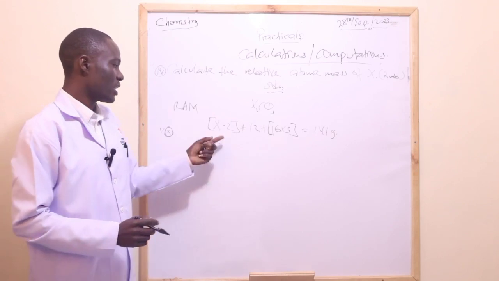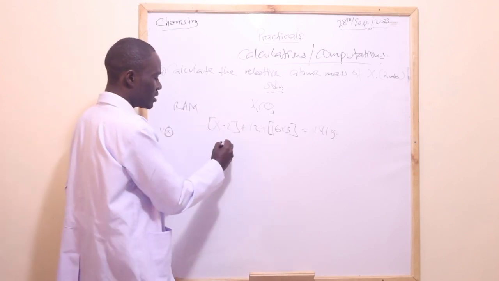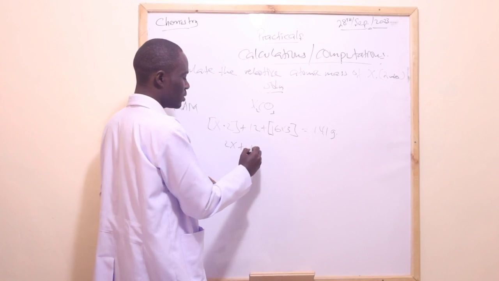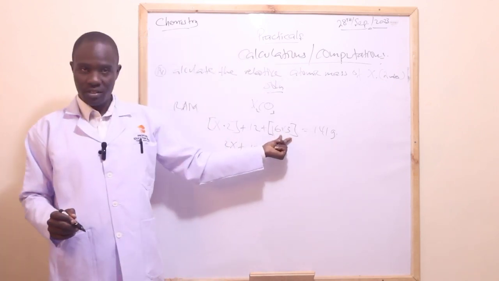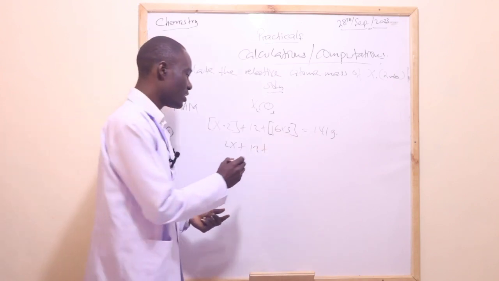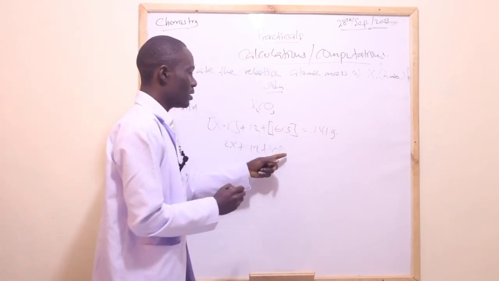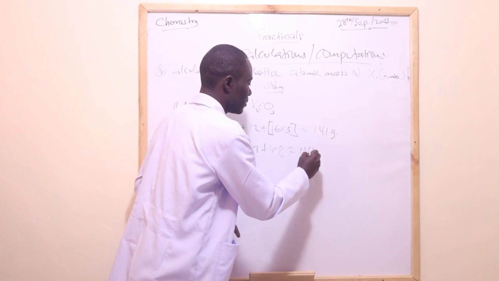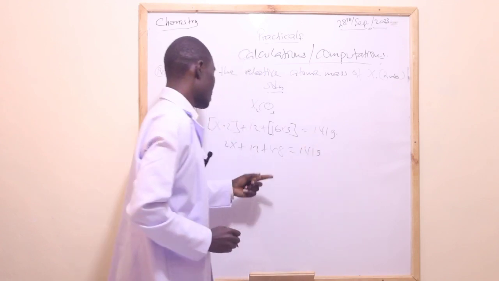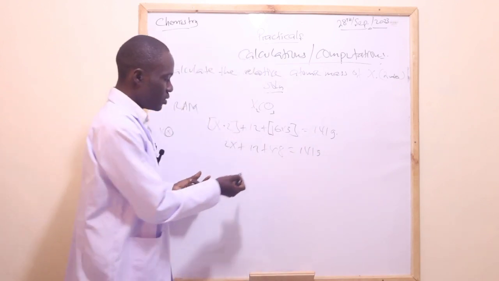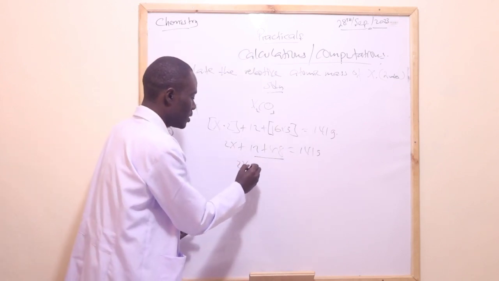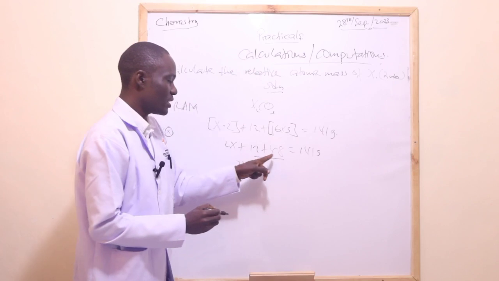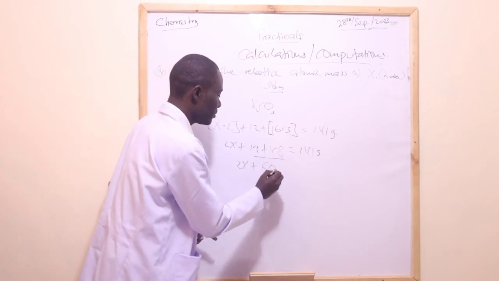So multiply X by 2, you get 2X. Add to 12. You multiply 16 times 3, you get 48. You equate to 141. Now you add these like terms, so that you have 2X plus 12 plus 48, you get 60.